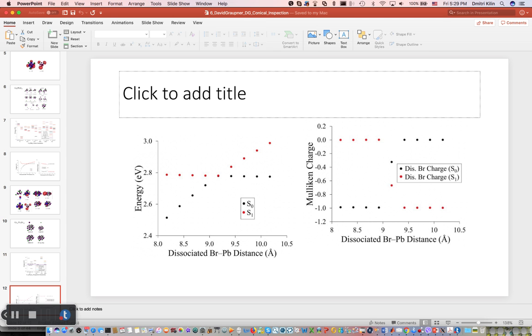Maybe it's not because of that bromine distance, but something happening on the cluster that changed the single state or silicon state, not because of this distance. But I think if they did it intelligently, they would have optimized everything except the distance.